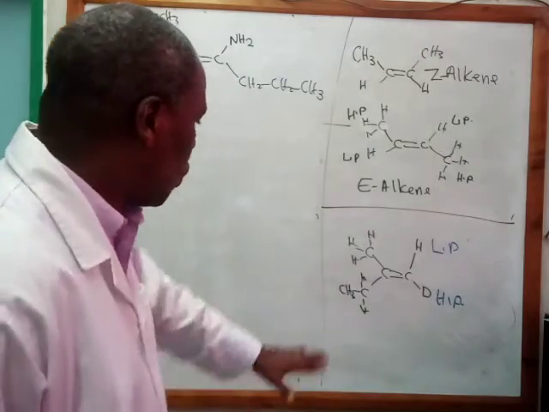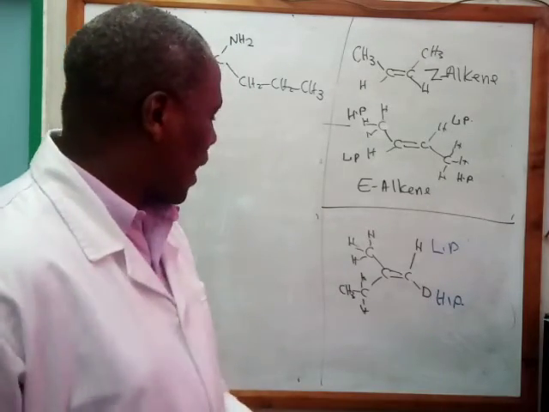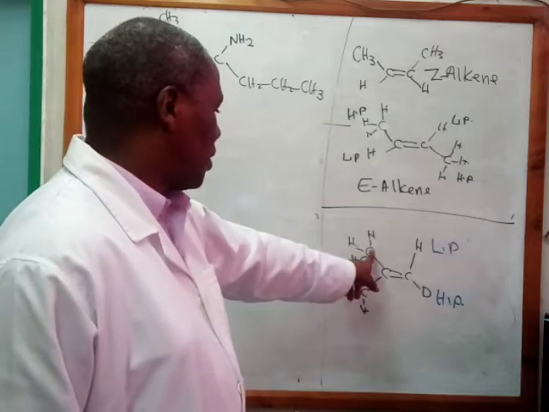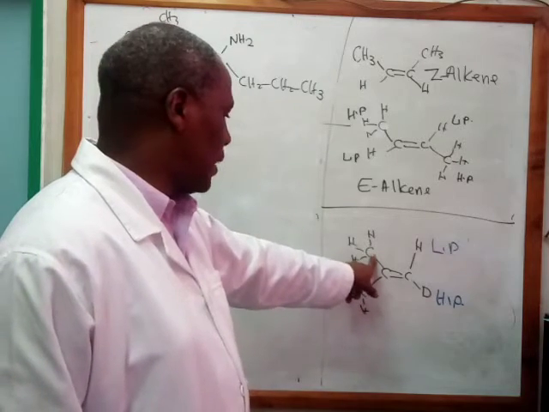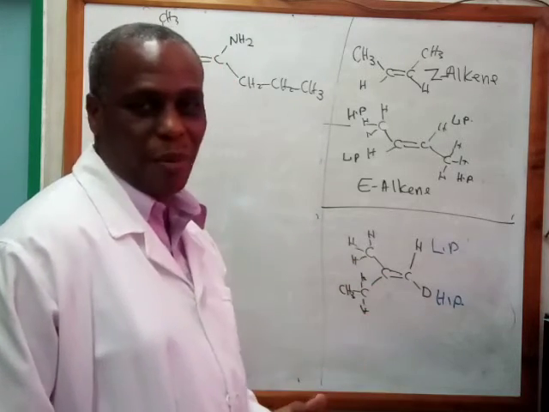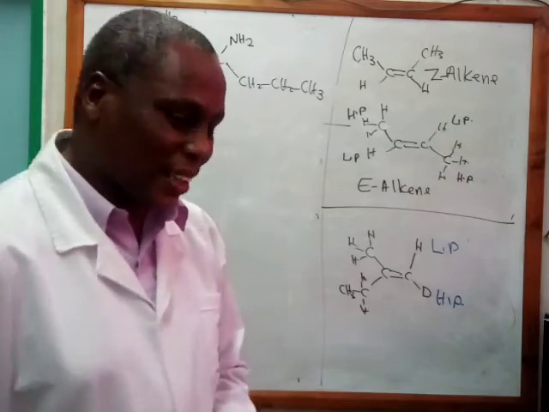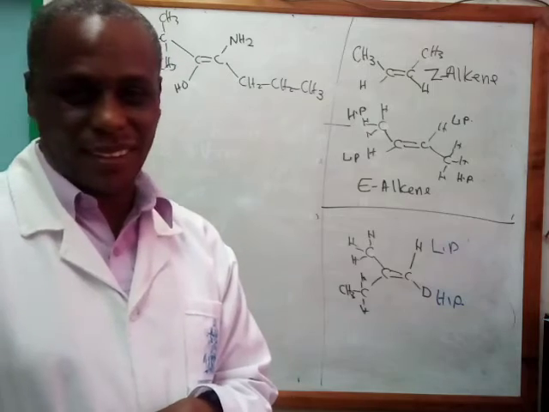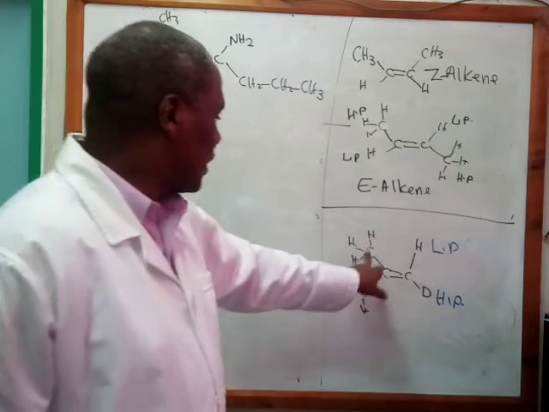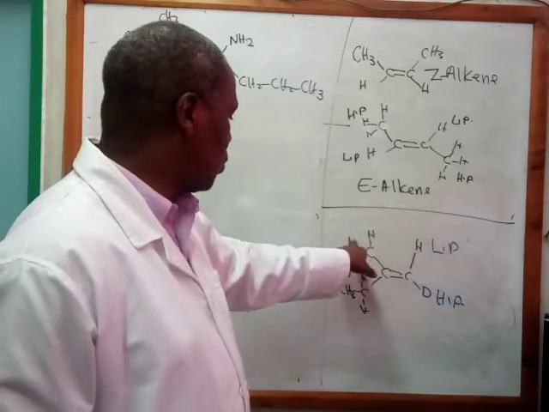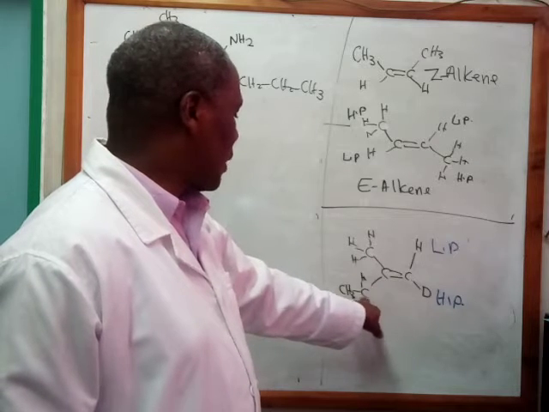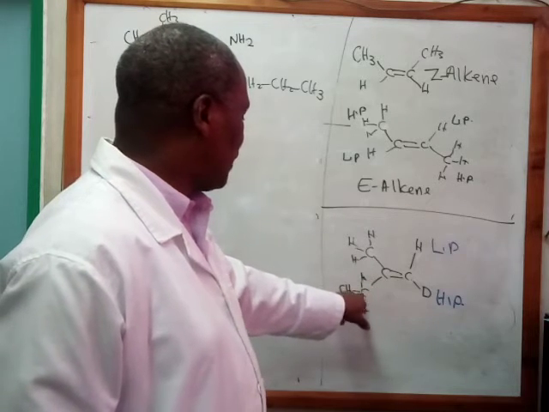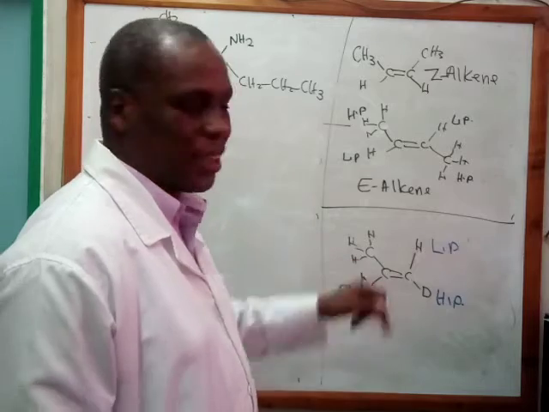Now, on this other side, I've got an example here. Both of them have got carbon attached to the double bond. This has got carbon attached to the double bond. In that case, what you do is that you look at the other atoms around it. So in this case, this carbon has got hydrogen, hydrogen, hydrogen. This carbon has got hydrogen, hydrogen, and then there is a methyl group attached to it.